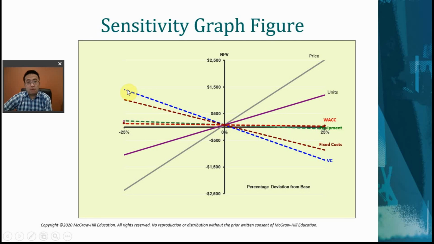And which one is more important? It's clearly variable cost. This curve is steeper, and the slope here in absolute value is higher. So that means for the same percentage change of the variable, a variable cost change would cause NPV to change by more compared to fixed cost. So variable cost is more influential to NPV than fixed cost.